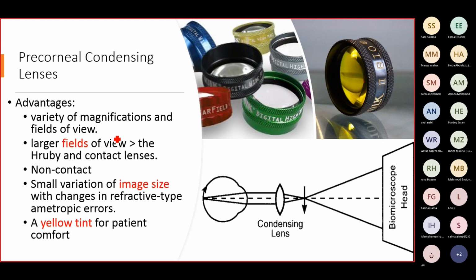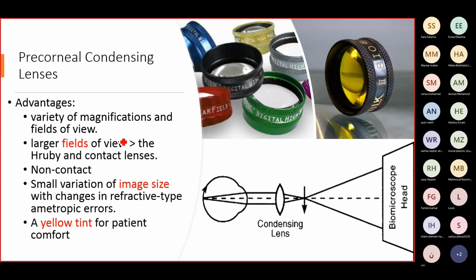So if you have two lenses, a 90 diopter lens and a 60 diopter lens, the 90 diopter lens will enable you to examine a larger field, but the magnification is smaller and the stereopsis is not brilliant. On the contrary, you may want to use the 60 diopter lens to examine the macula because the magnification is better, the stereopsis is great, and the field is not that wide.